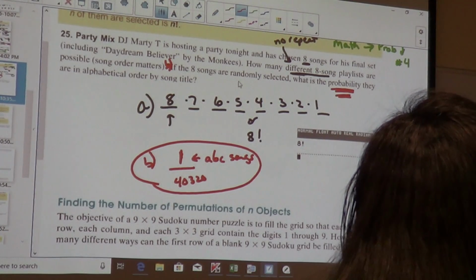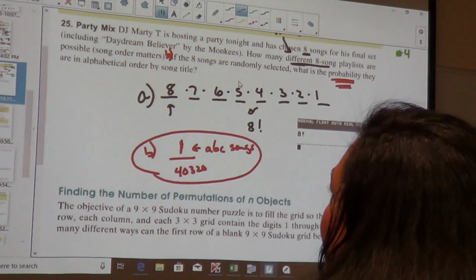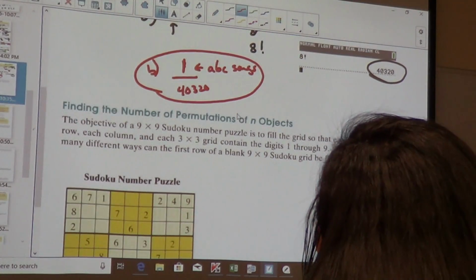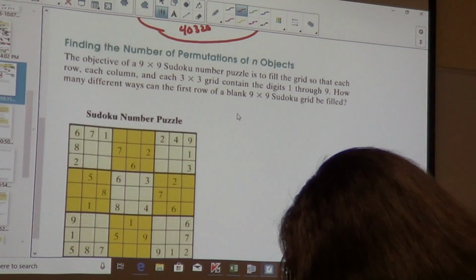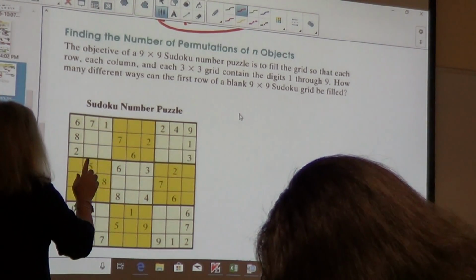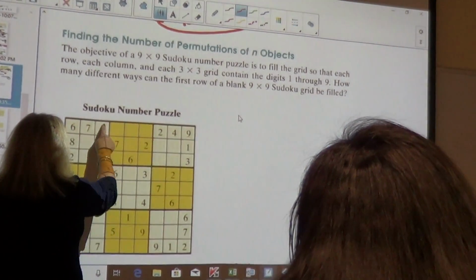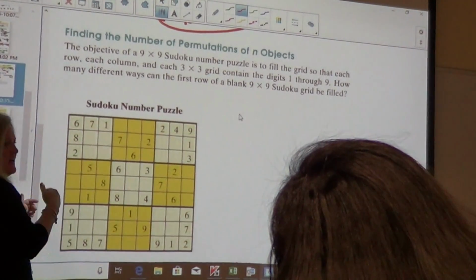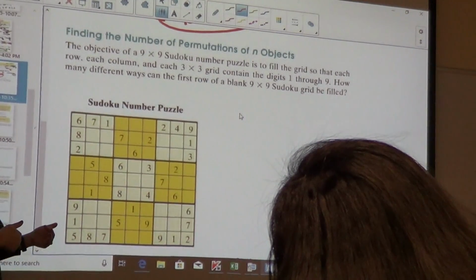All right, do any of y'all play Sudoku? I can't either. My mom could, my grandma could do it. For those of you who don't know, you have these little baby boxes, and in these baby boxes, you have to have the numbers 1 through 9.